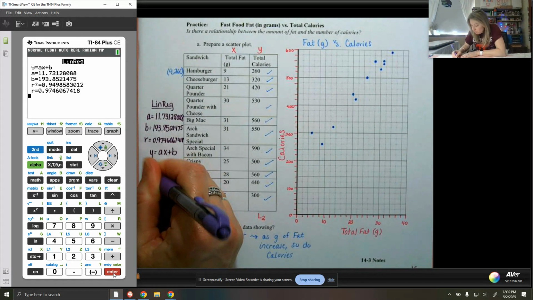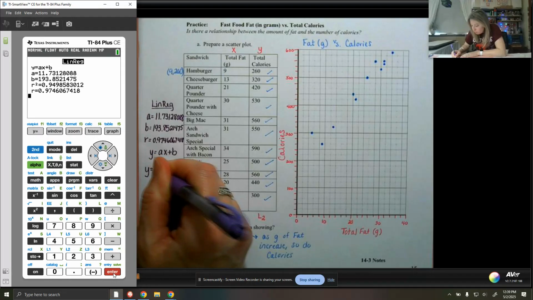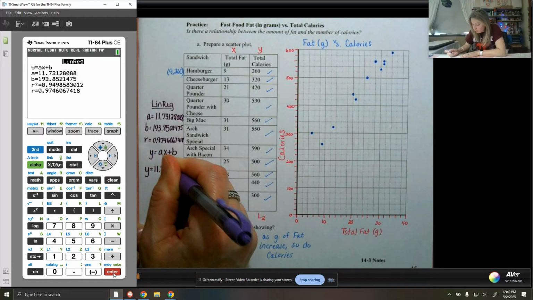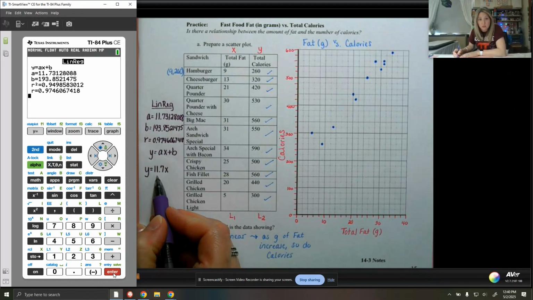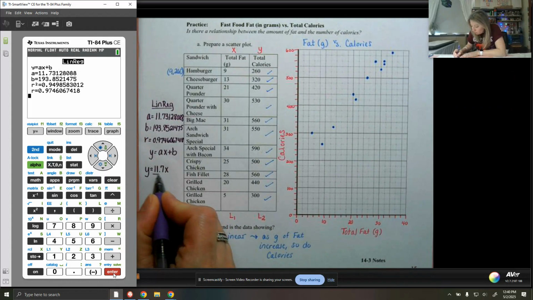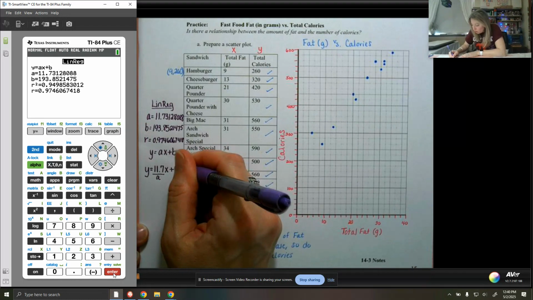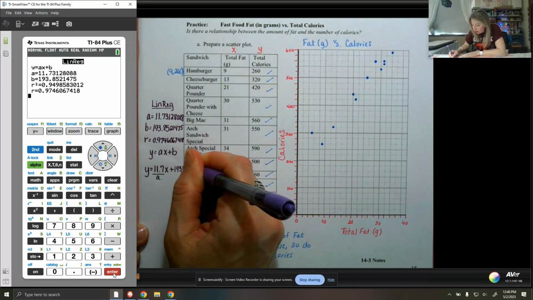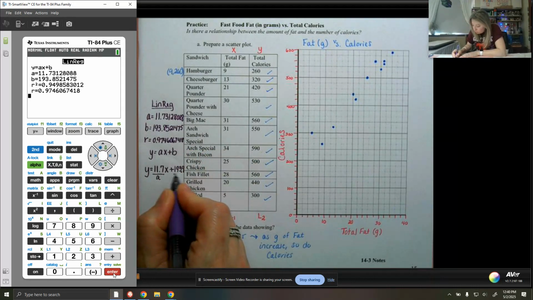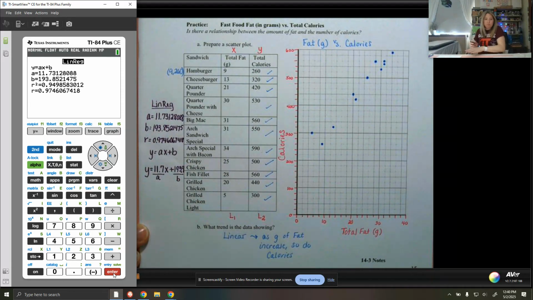So y equals 11.7x. My a value rounded to the nearest tenth. So this was my a value. Plus my b value, 193.9. So my b value rounded to the nearest tenth. Okay?